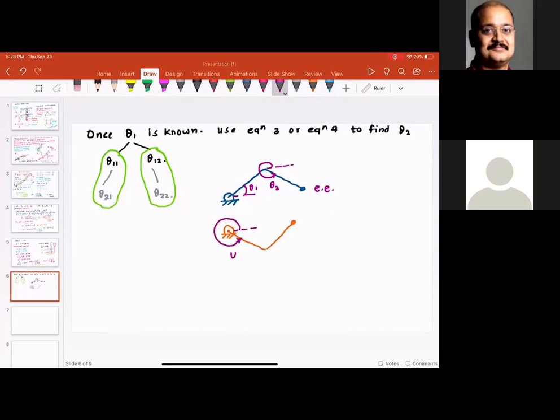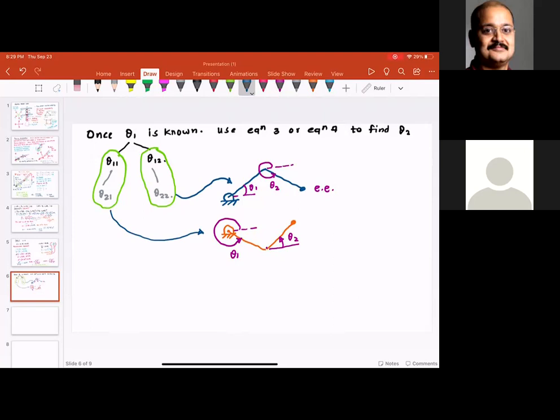So this is theta 1 and theta 2. One pair of theta 1, theta 2 would represent this configuration. The other pair of theta 1, theta 2 would represent this combination.